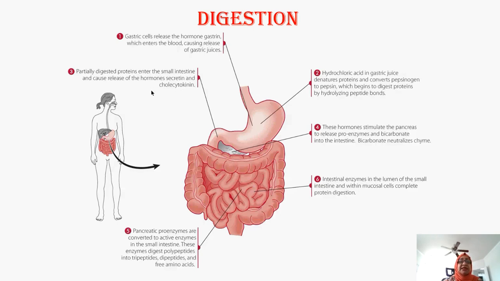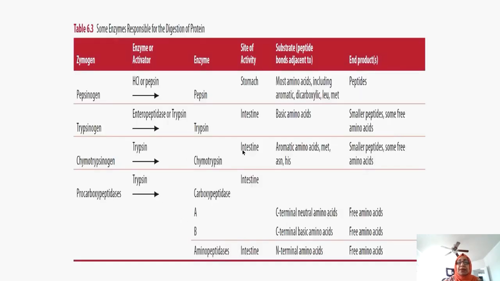After that, we're going to see CCK and secretin are secreted and help to stimulate the release of bicarbonate, and also some other pancreatic enzymes will be activated because now they have the basic media where they can act. And finally, we see the products, which are, as I mentioned, either amino acids, dipeptides, or tripeptides.